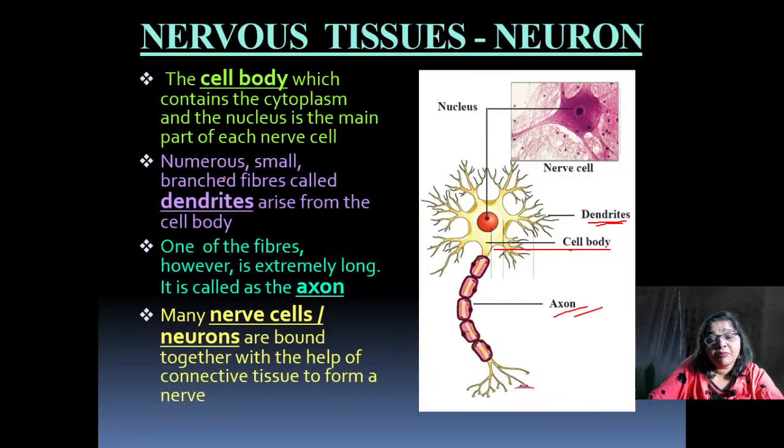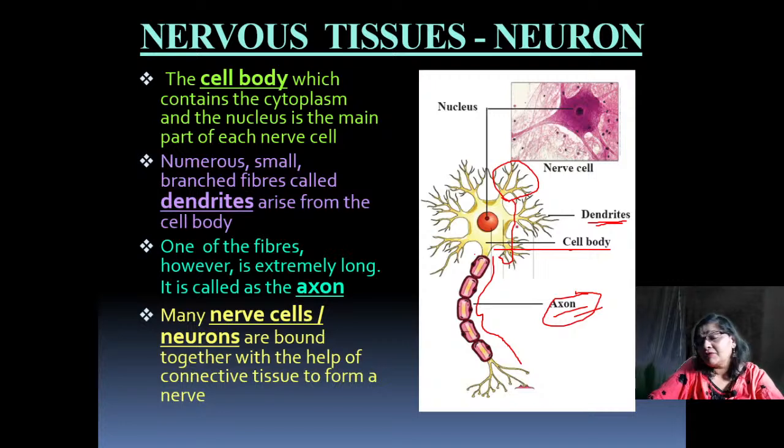There are numerous small, branched fibers called dendrites that arise from this cell body. Can you see? These are all the dendrites that arise from this cyton, the cell body. One of the fibers is extremely long, this one, and it forms what is called the nerve fiber, which is termed the axon.